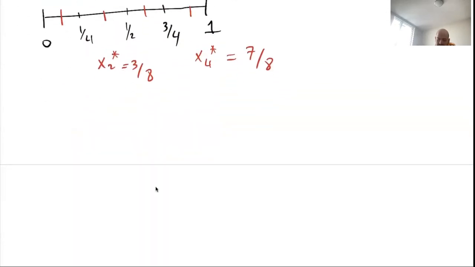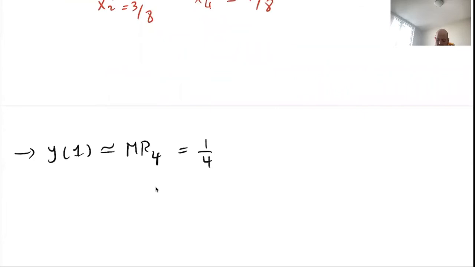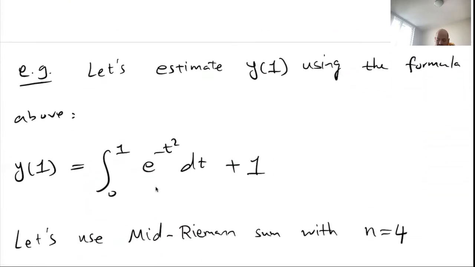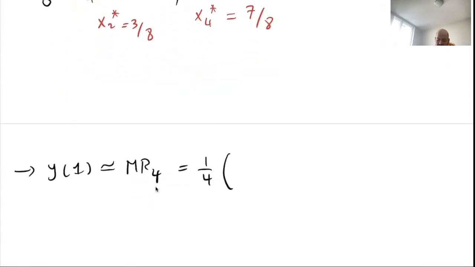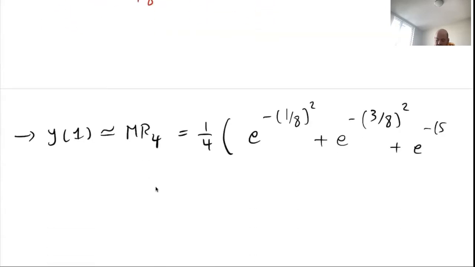So y of 1 is almost equal to MR4. And MR4, we said, is delta x, which is 1 over 4, times f of x1 star. f of x1 star is f of 1 over 8, which is e to the power minus 1 over 8 the whole squared, plus e to the power minus 3 over 8 the whole squared, plus e to the power minus 5 over 8 the whole squared, and e to the power minus 7 over 8 the whole squared.